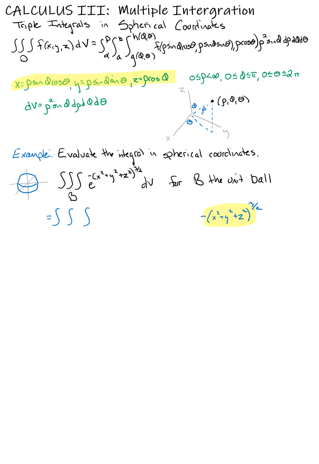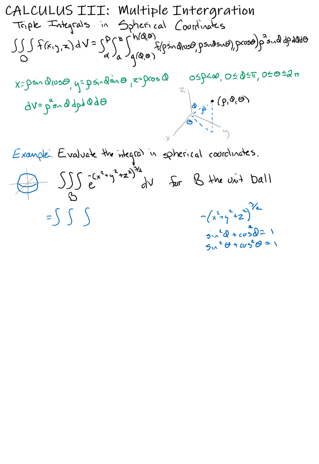square things, combine like terms, factor out, I would actually factor out the rho squared, and recall that sine squared phi plus cosine squared phi is equal to 1, as is sine squared theta plus cosine squared theta.